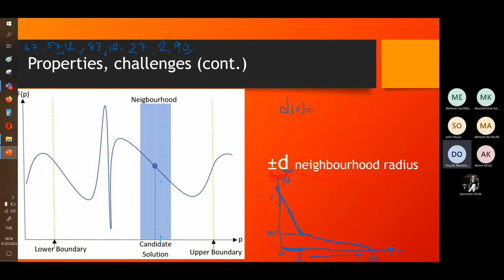Let's say m. M is the function of r, and m(r) times d max. We say that d max is 100. We set d max, the maximum radius, as 100 units.